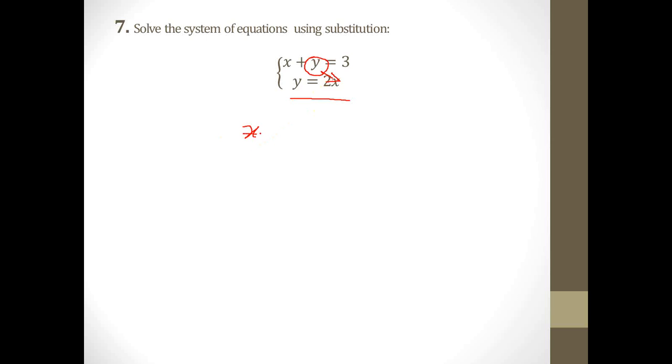So I'll have x plus 2x equals 3. Combine like terms, 3x is equal to 3. Multiplication, solve with the opposite operation. So I divide by 3 on both sides, cancel, x is equal to 1.